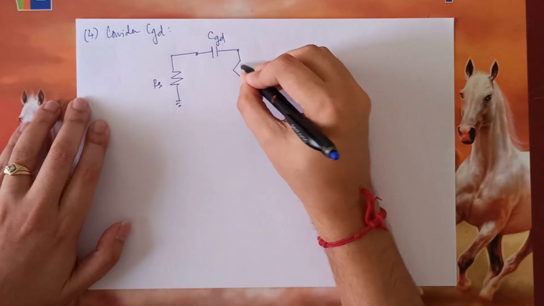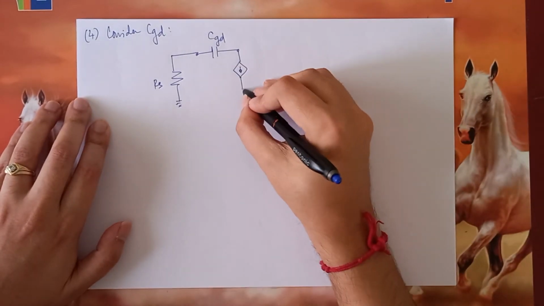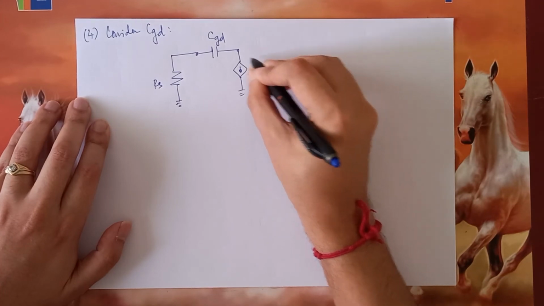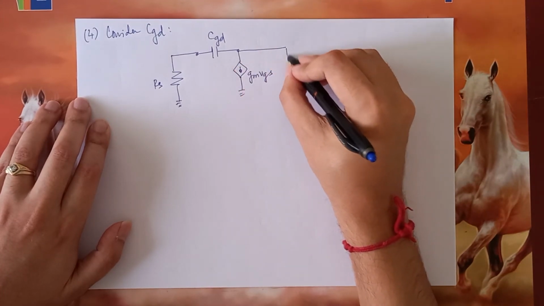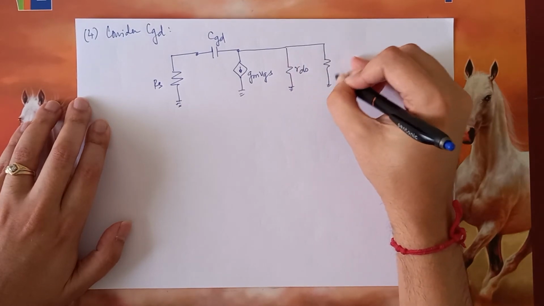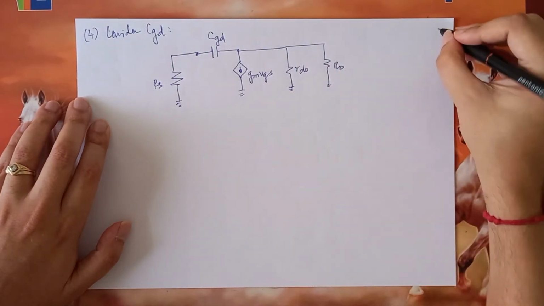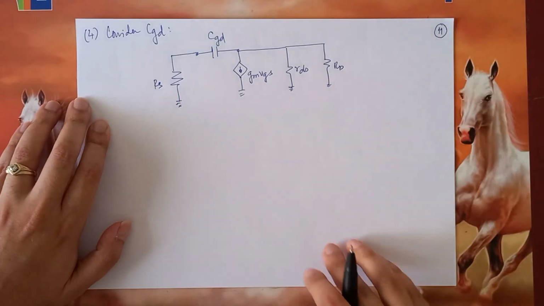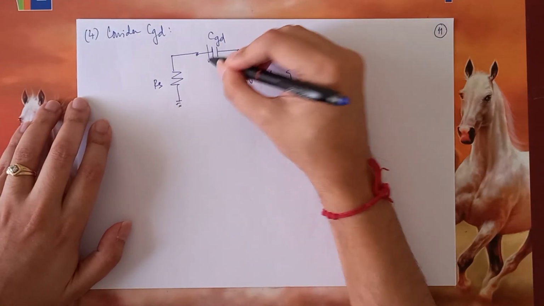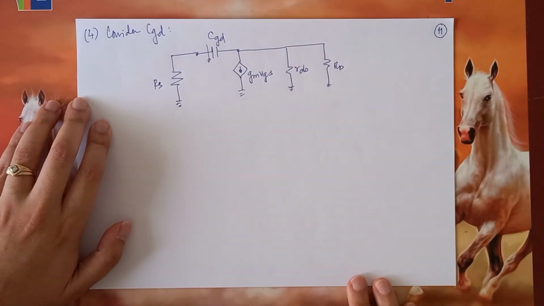Then we have this gm VGS, RDS and RD. So it's like saying, what is the net impedance seen by this capacitor?